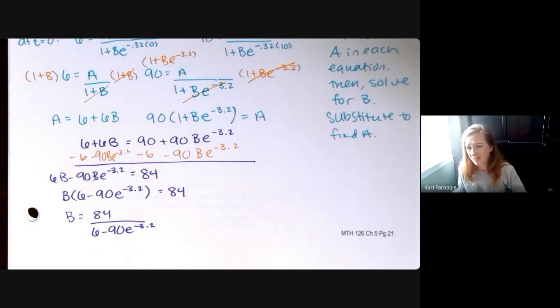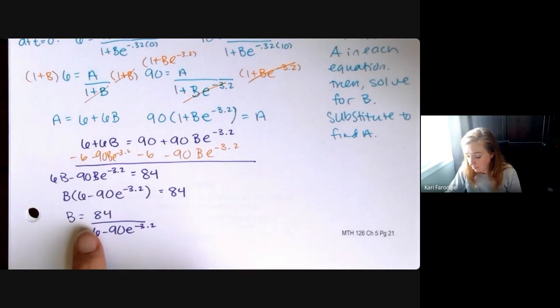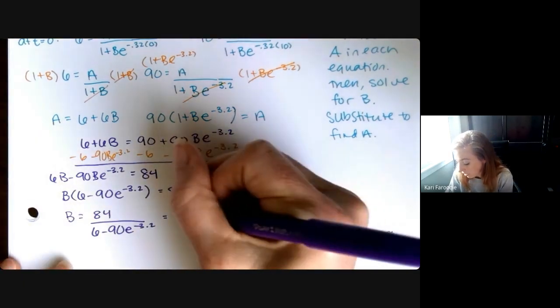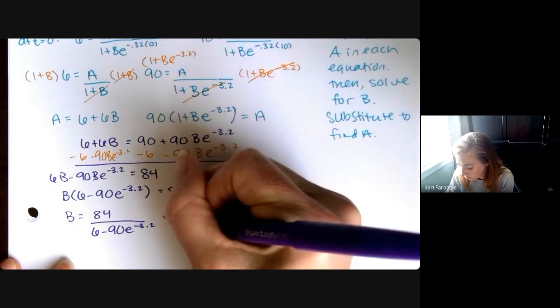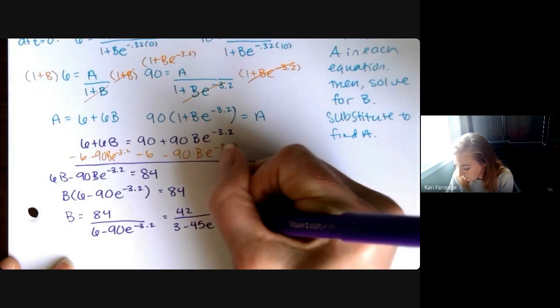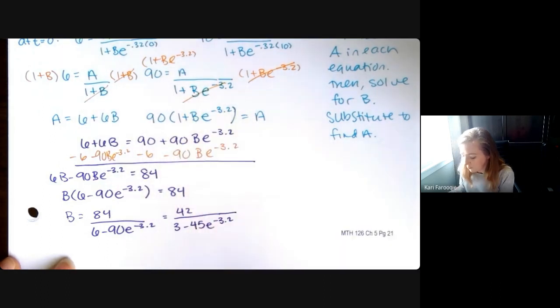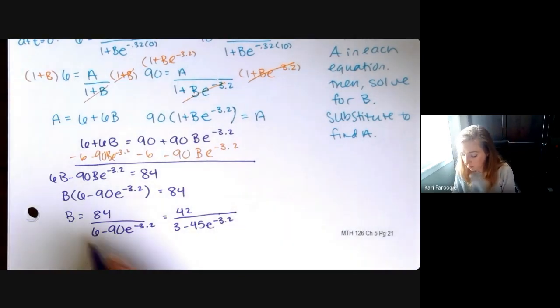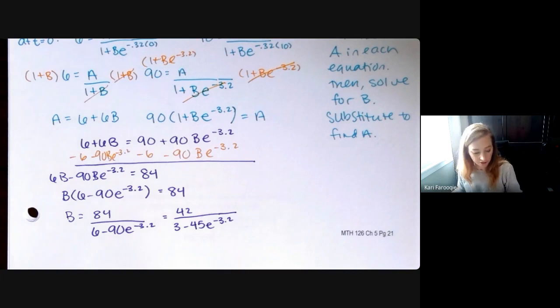And we could simplify this a little bit. Like, for instance, I know that 84, 6, and 90 are all divisible by 2. So I could do that. So like 42 over 30 minus 45e to the negative 3.2. 42 is divisible by 3 and 45 is divisible by 3. So I guess the GCF there was actually 6. Yeah, 84 divided by 6.